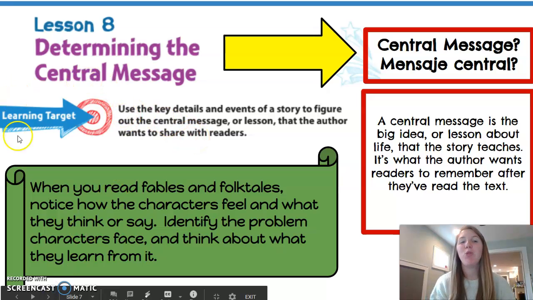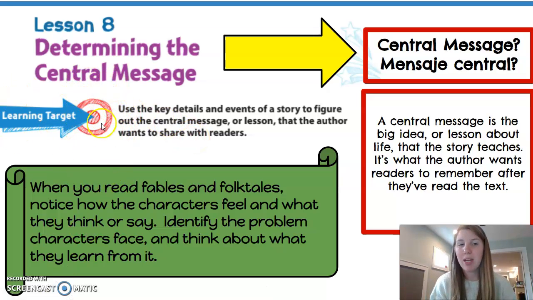So, let's pull back our bow and arrow. Pull back, shoot once. You can read along with me or just listen. Use the key details and events of a story to figure out the central message or lesson that the author wants to share with readers. So remember, lesson is our easier word than central message.